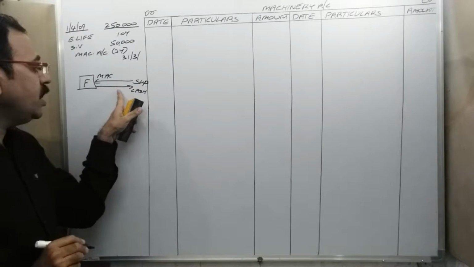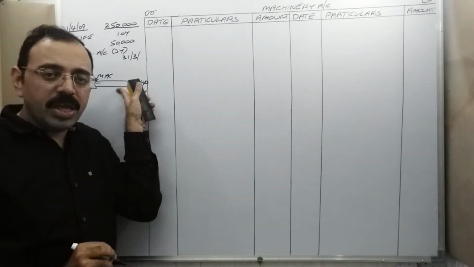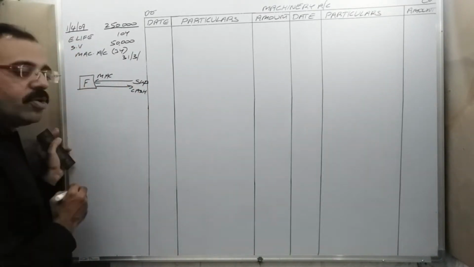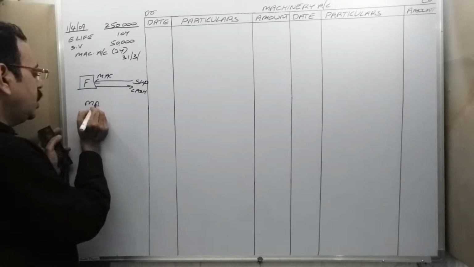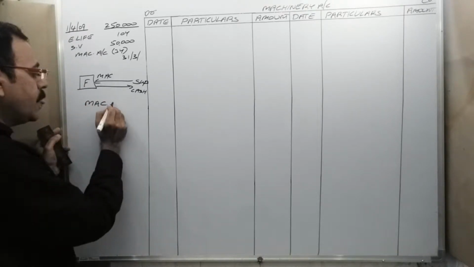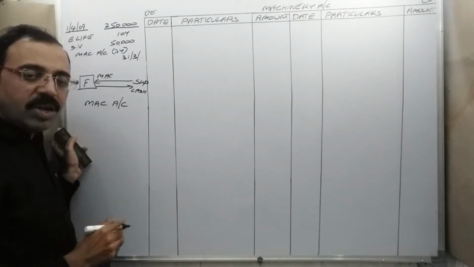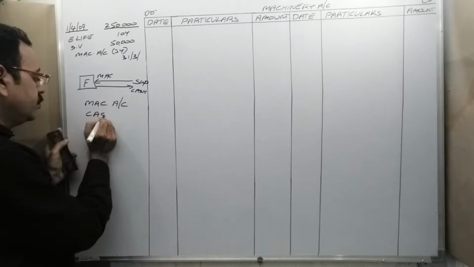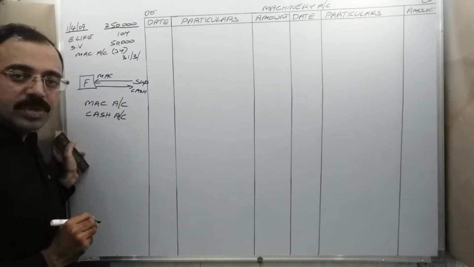Now in any business transaction, minimum 2 accounts will be there. Those 2 accounts we have to identify. Think from the firm's point of view. What is coming to us? Machinery. So machinery account is one account. Then what is going from us? Cash. Cash account is another account.